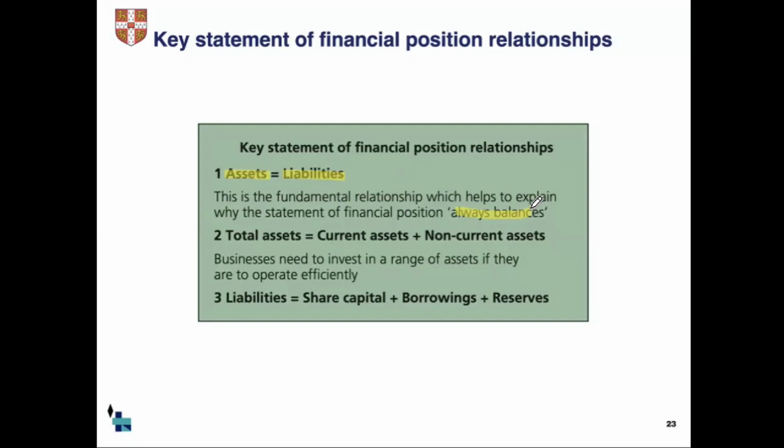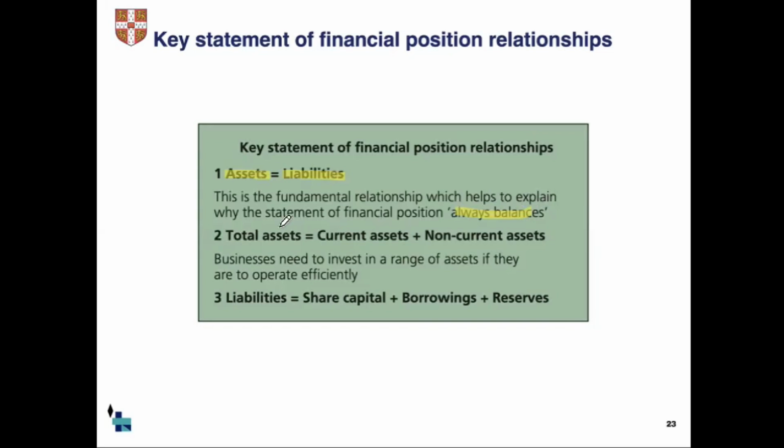That is, if our assets were purchased with borrowings, liabilities, then the value of assets will equal the value of liabilities. If our assets were purchased entirely from the contribution of our owners, then assets will be equal to equity. Equity is what the owners of the business contributed to the business.